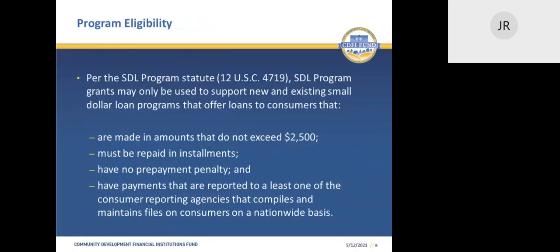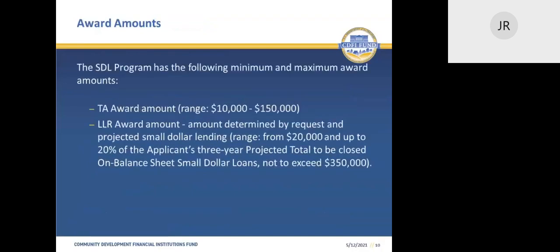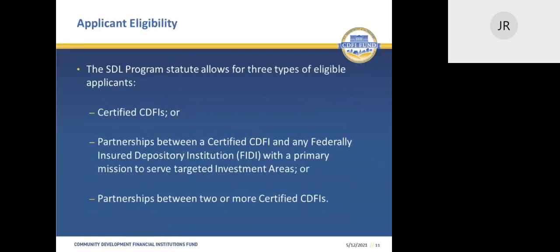The title is Applicant Eligibility by Award Type. So for the loan loss reserve grants, the eligible applicant types are those that are applying individually as a certified CDFI, or a partnership between a certified CDFI and a FIDI. So the key here is that it would need to be a certified CDFI with a FIDI for this type of an award.